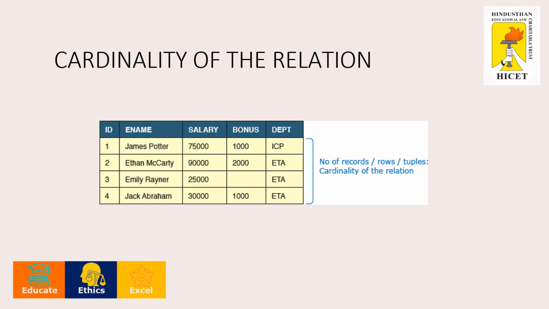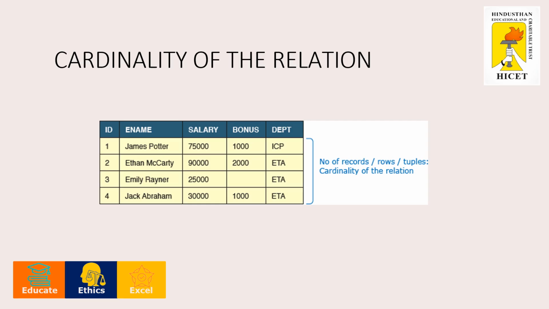Cardinality of the relation. What do you mean by cardinality of the relation? The number of records in a table or the number of records in a relation is called the cardinality. As per the given representation, this particular table comprises four rows, which means the cardinality of the relation is equal to 4. So it specifies the number of records or rows or tuples.